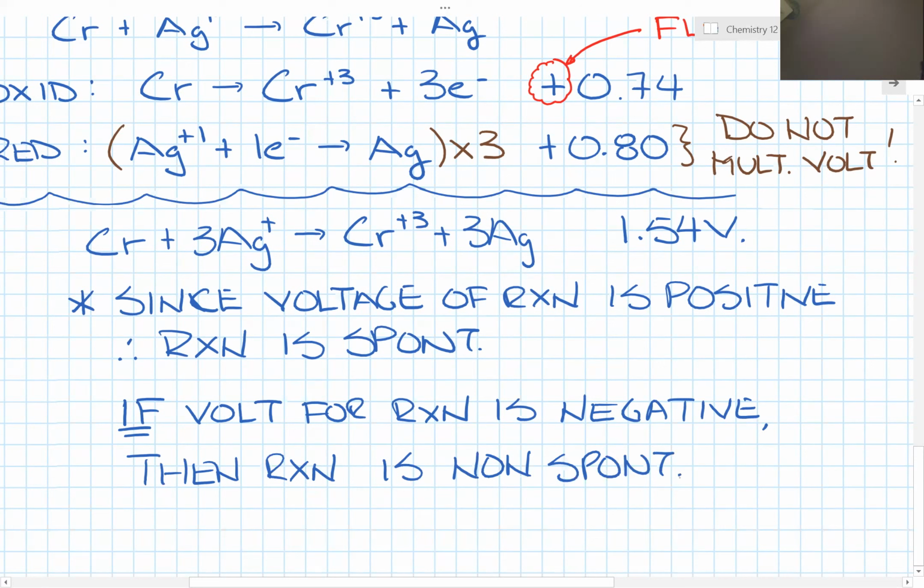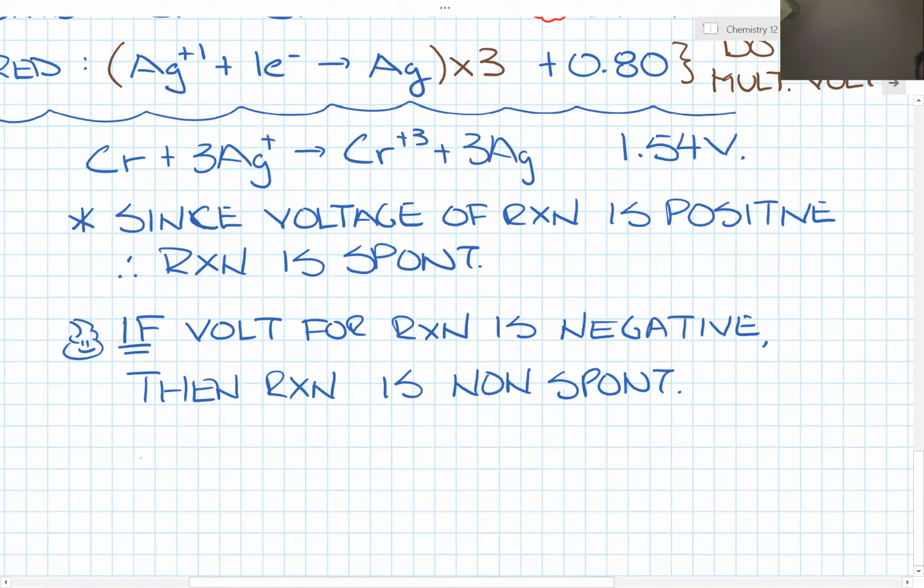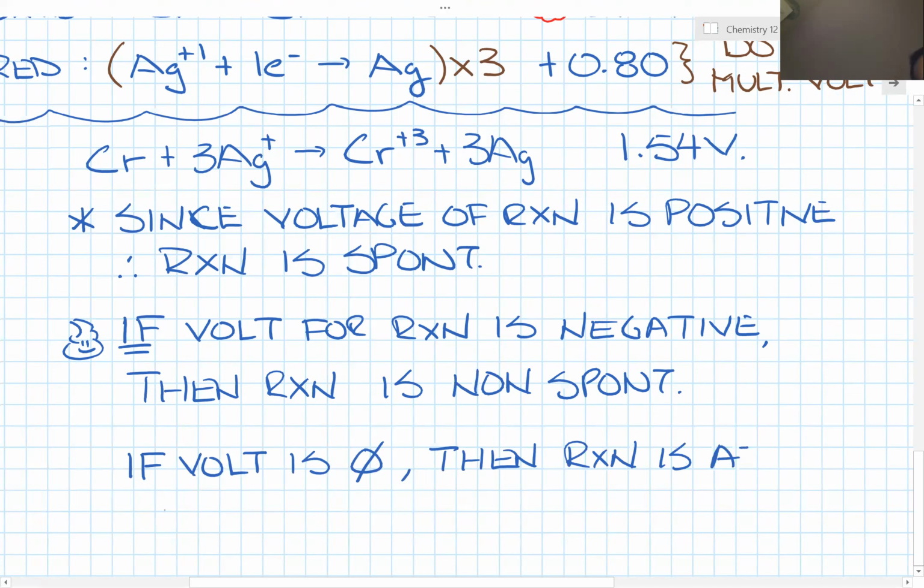So I'll put a little poo here. Now, the last thing, if the voltage is 0, then the reaction is at equilibrium.